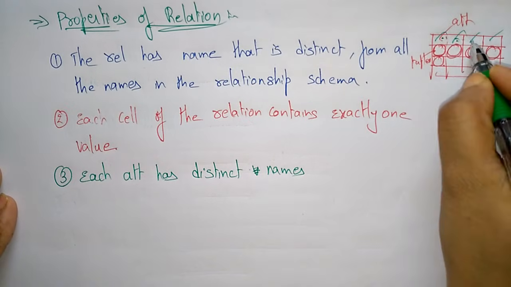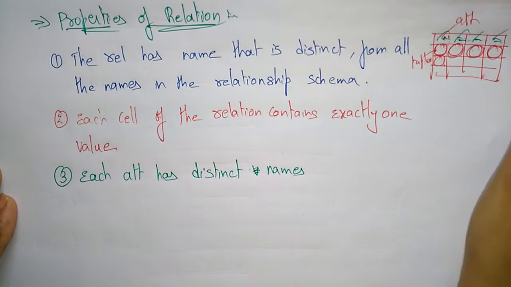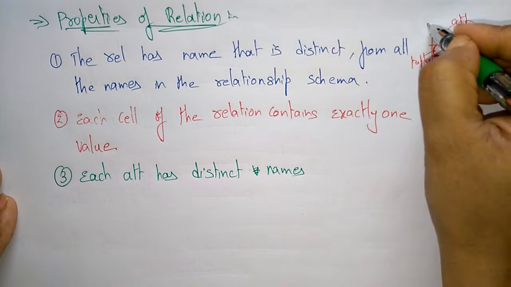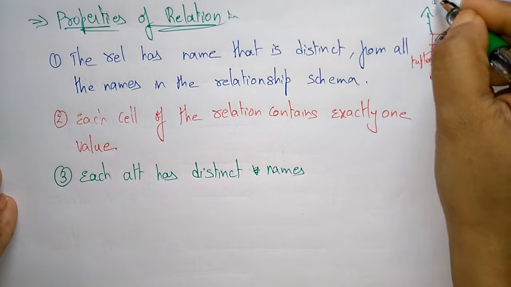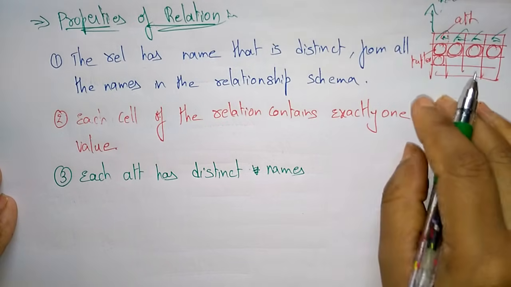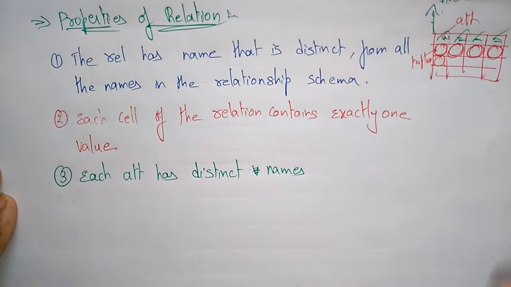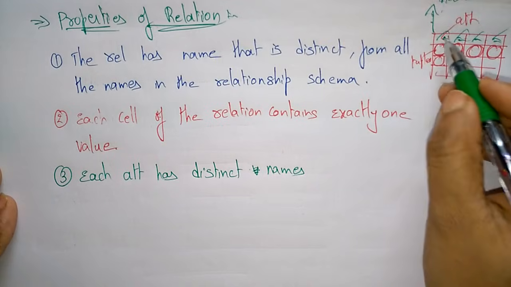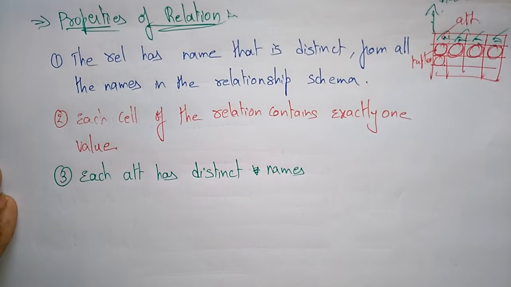So these will be different. Each attribute name should be different. To recap: each relation should have a name, each cell should contain exactly one value, and each attribute has a distinct name.